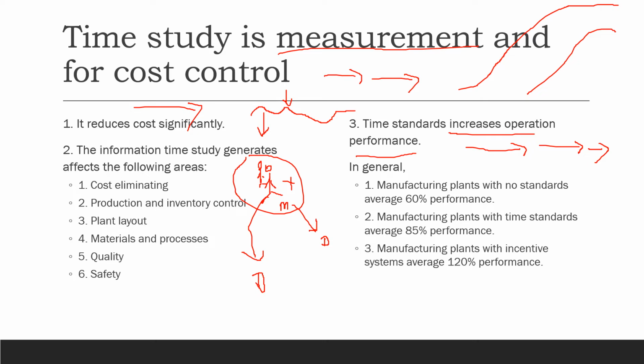So motion and time study is that, and its operation is not always like this. Never is, actually. Sometimes it goes up, down, up, down, down. If you go down, you bring it back up by using your time standards, right? And you're always monitoring your work, which is your system.